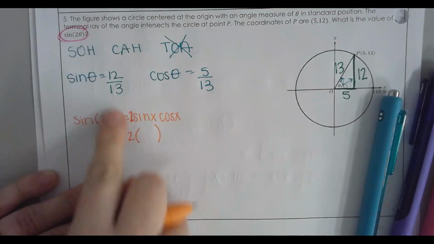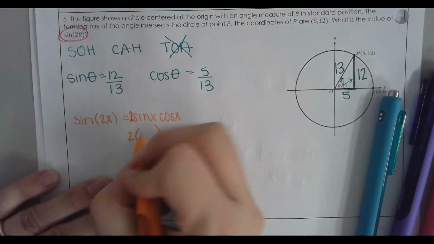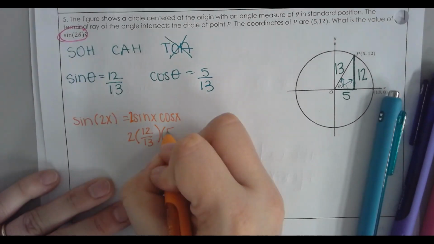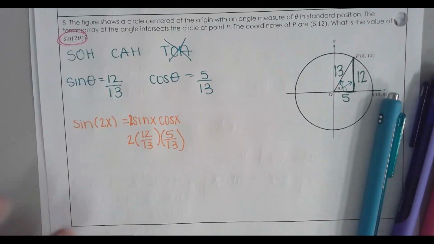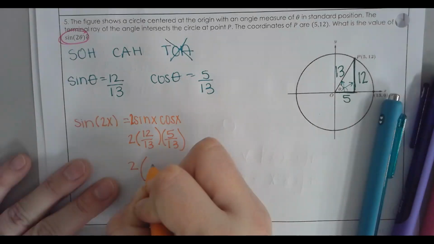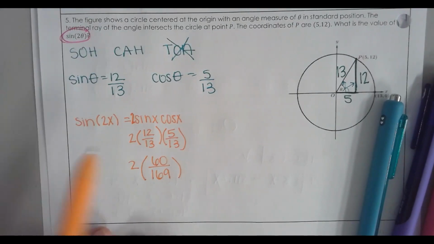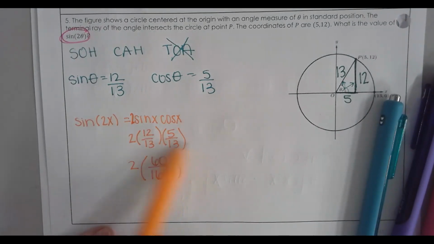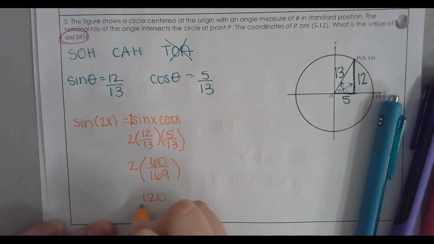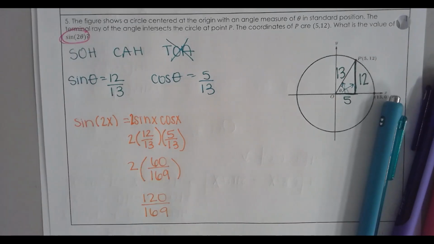And I know that sine theta is the fraction 12 over 13. I know cosine is the fraction 5 over 13. So we're literally just going to do some computations. This would be 60 over 169 times 2 is 120 over 169.